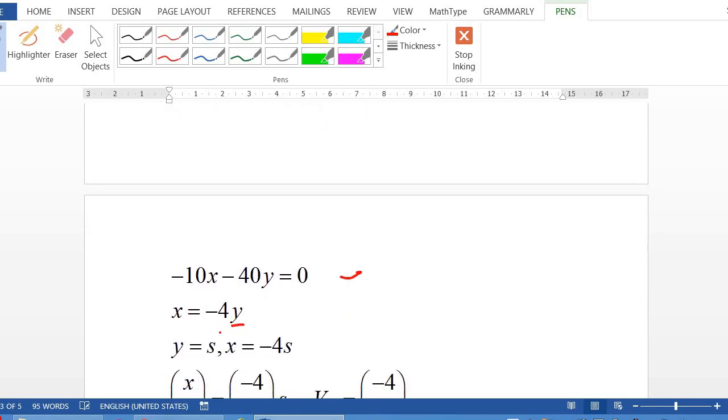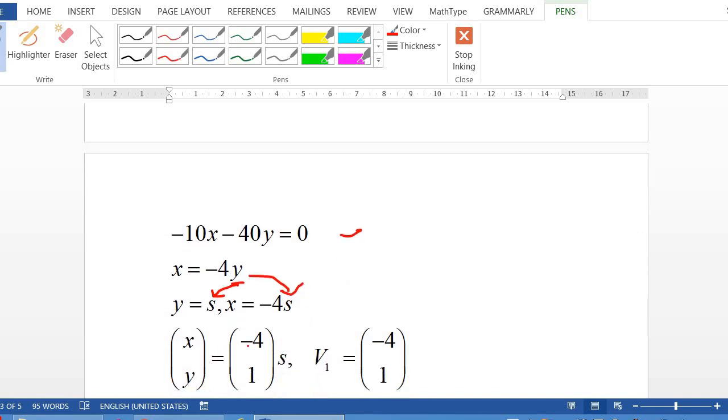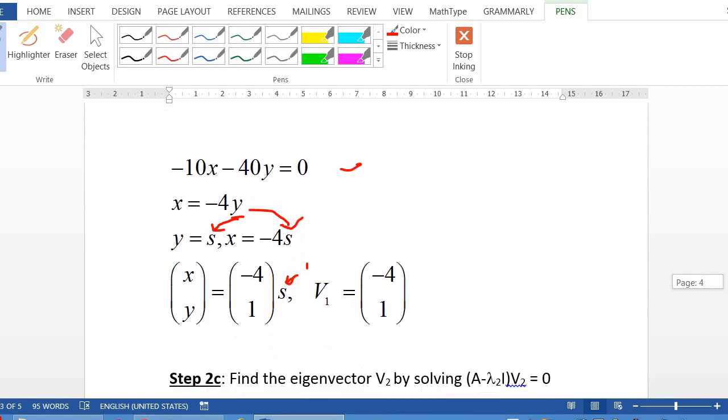So letting y equal to s, x will be negative 4s. So (x, y): y is 1s, x is negative 4s. By letting s equal to 1, you obtain the first eigenvector v1 equal to (negative 4, 1).